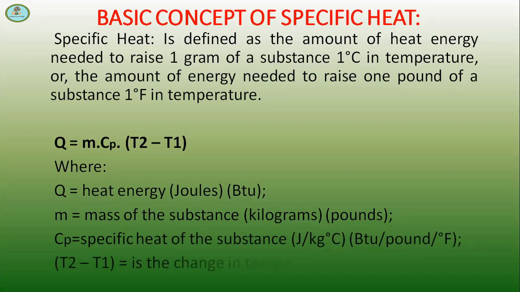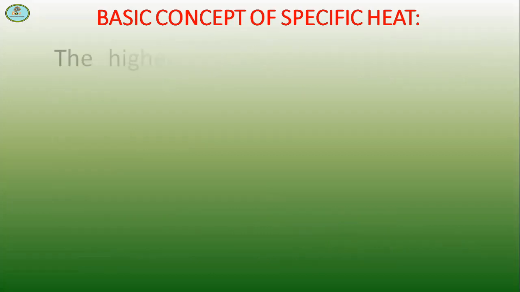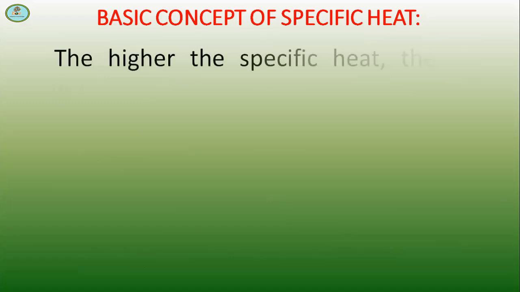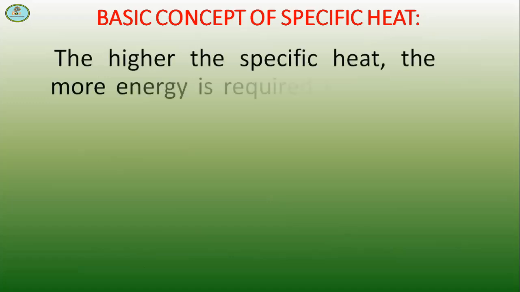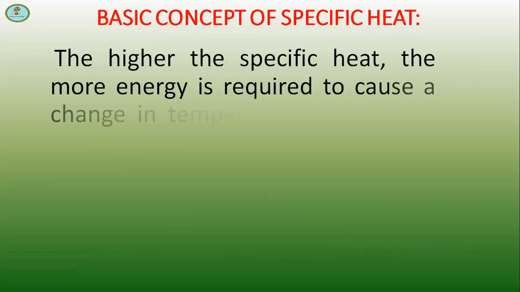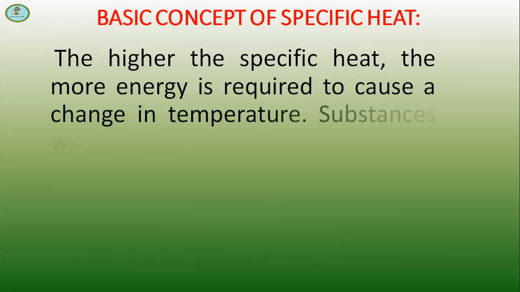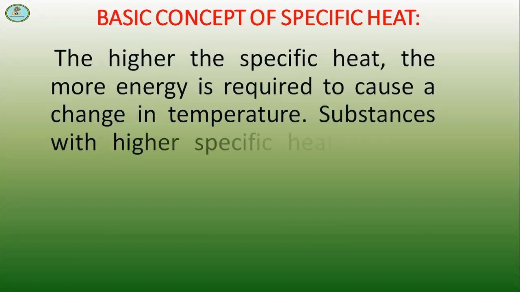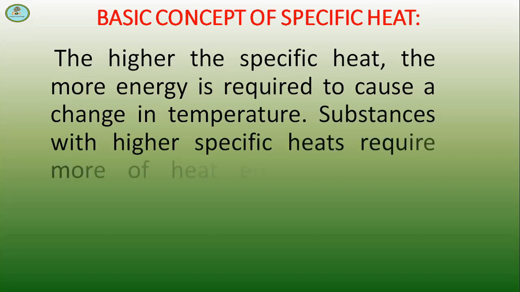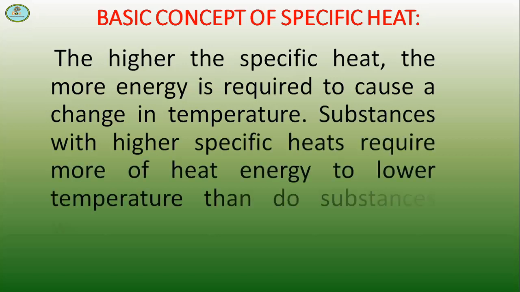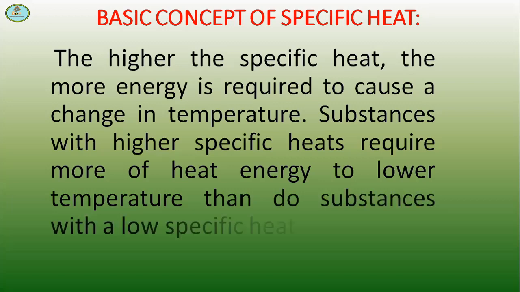T2 minus T1 is the change in temperature in degree Celsius or degree Fahrenheit. The higher the specific heat, the more energy is required to cause a change in temperature. Substances with higher specific heats require more heat energy to change temperature than do substances with a low specific heat.